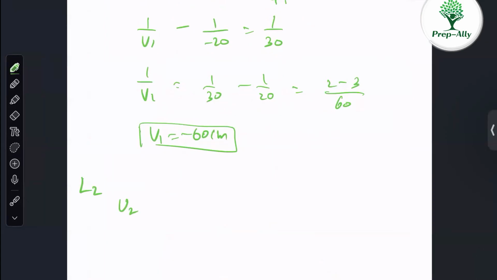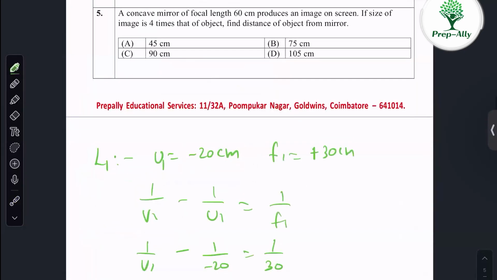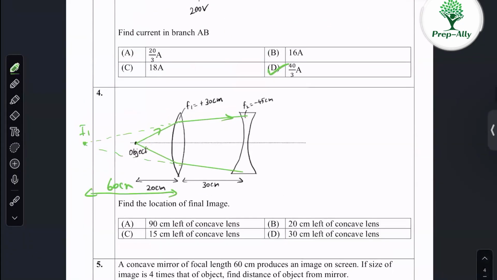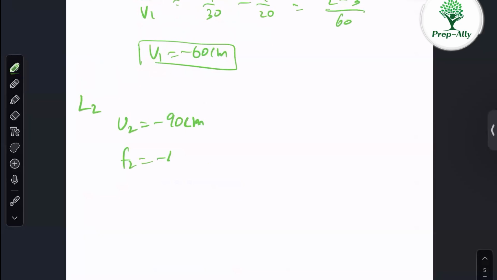So for L2, the object distance will be, from this optical center, 30 plus 60, 90 will be the object distance. And focal length is minus 45 centimeters. So again apply the lens formula.